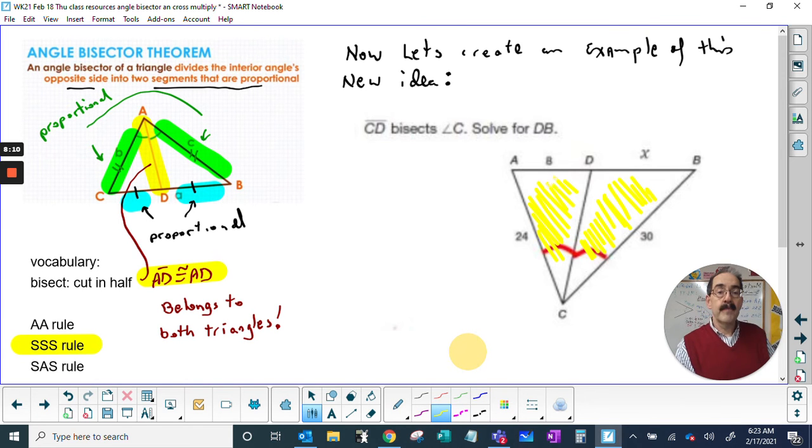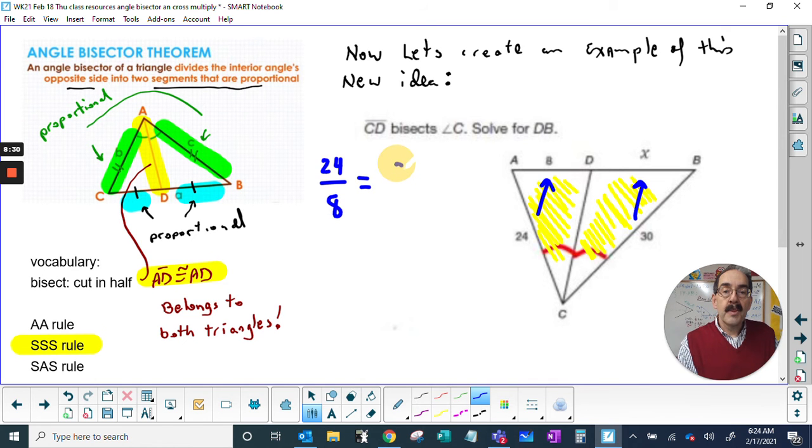So Monty likes to use each triangle like this. So let's do it this way first. 24 to the 8 as 30 to the X. So 24 goes to the 8 as 30 goes to the X. There we go. Now, before we even do the math, 24 and 8, 24 and 8. How many 8s in 24?